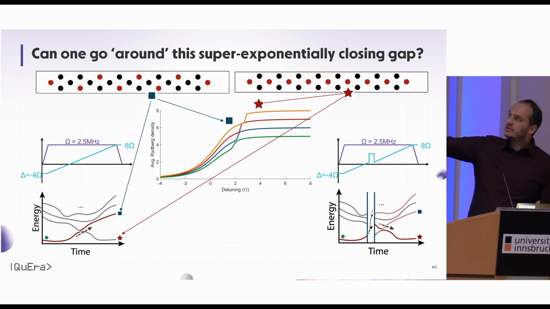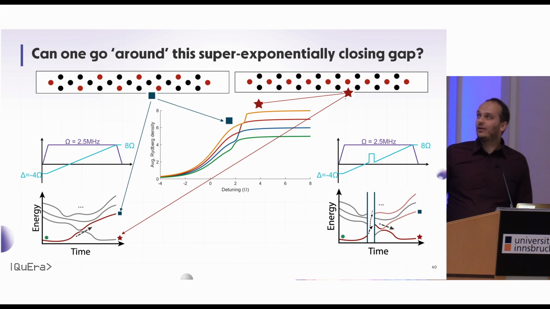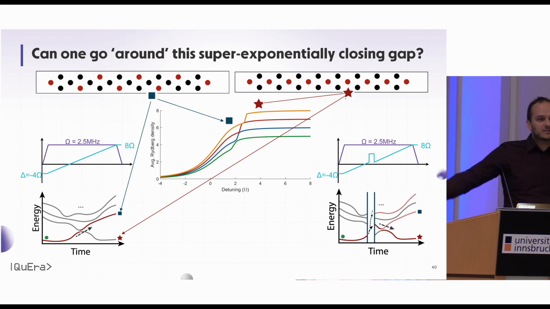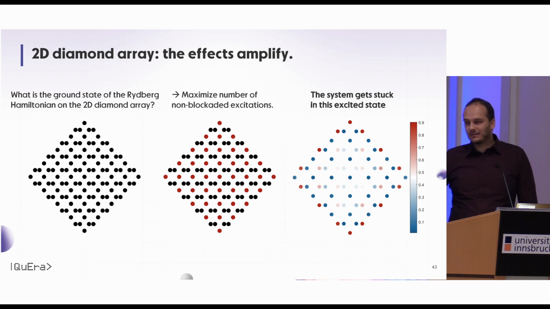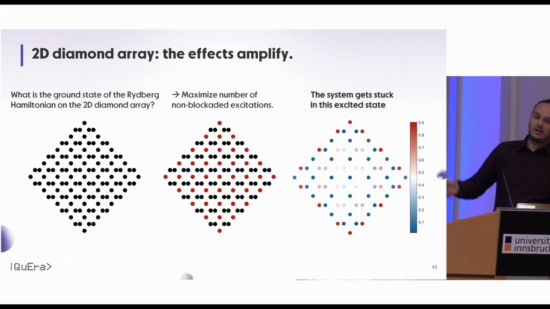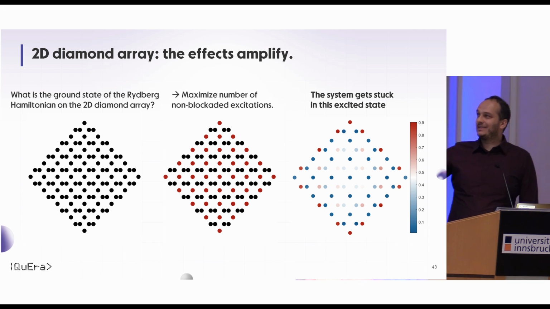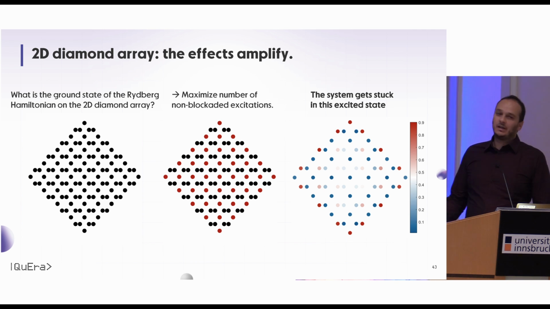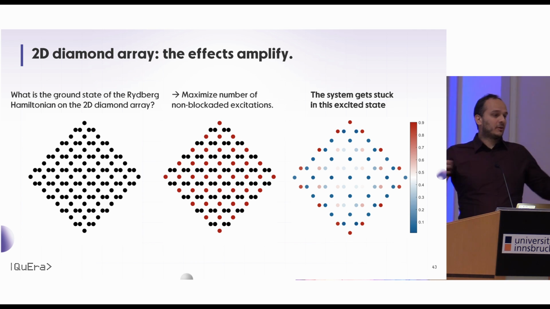And then you do see some kind of pattern in this floating phase. It doesn't look periodic, and that's because it's incommensurate with the spacing of the lattice. But then if you look at the Fourier transform of this density as a function of space, you get the k vector for the Rydberg density wave.